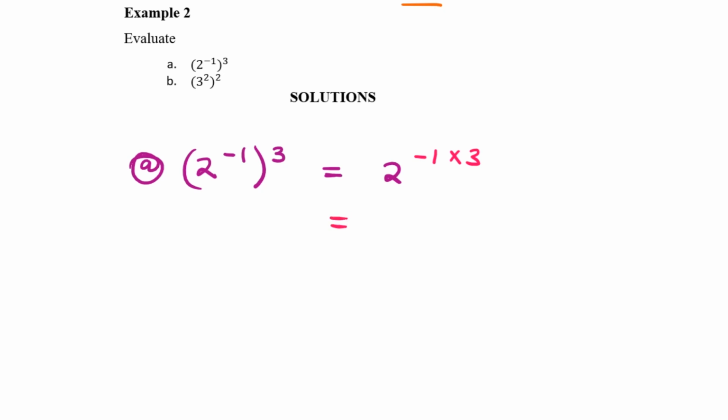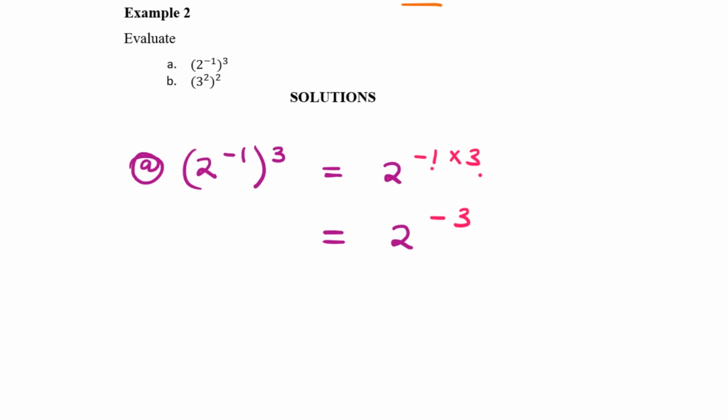This will be equal to 2 to the power negative 3, because negative 1 times 3 gives us negative 3.